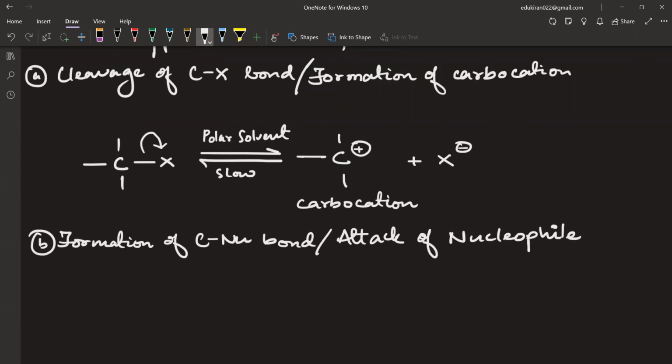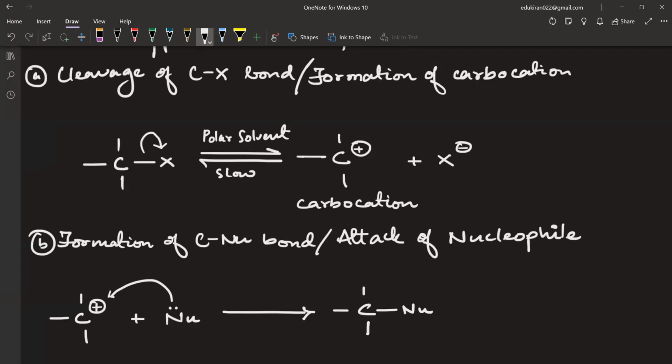Now, in this case, we have the carbocation plus a nucleophile with a lone pair. This nucleophile will attack the carbon with a positive charge, and it can easily form the carbon nucleophile bond. So this will be very fast.